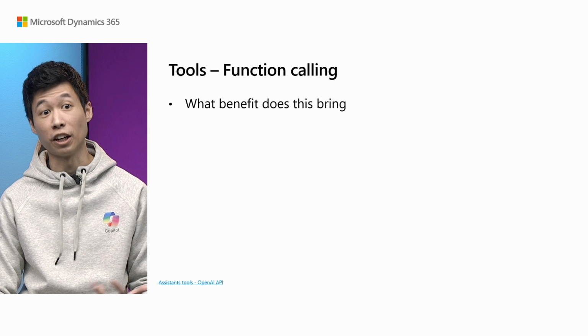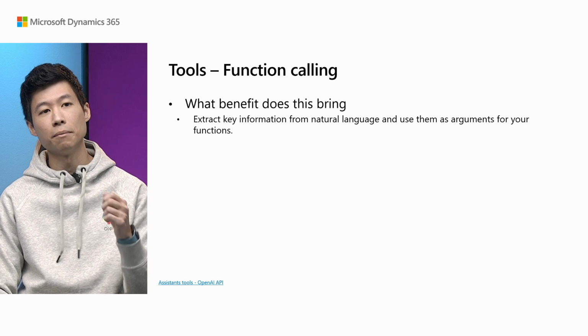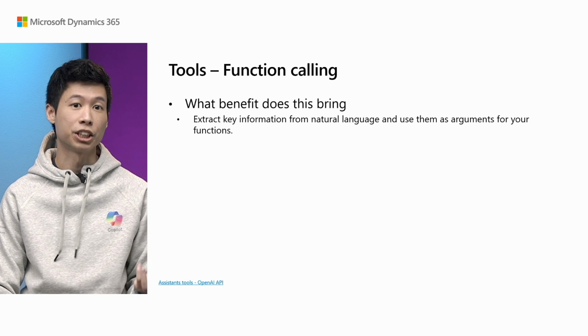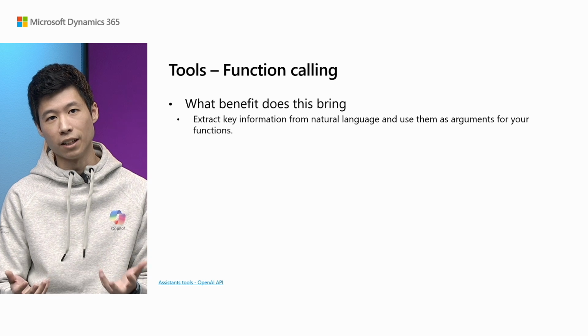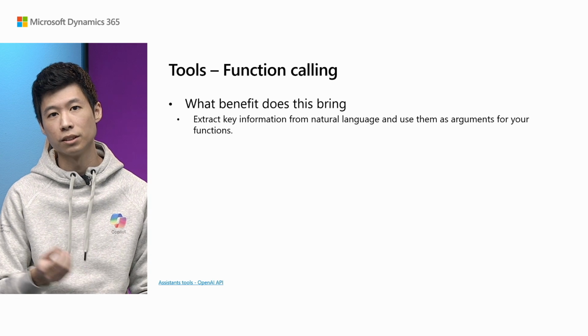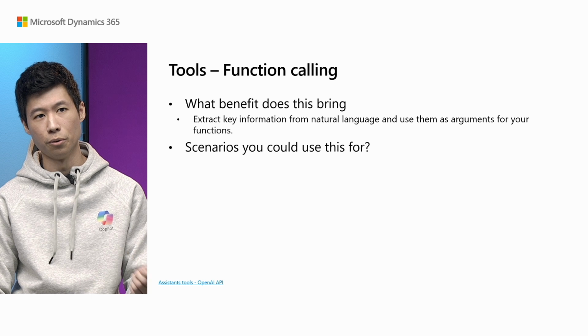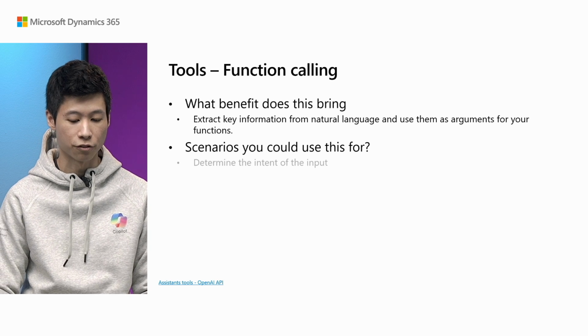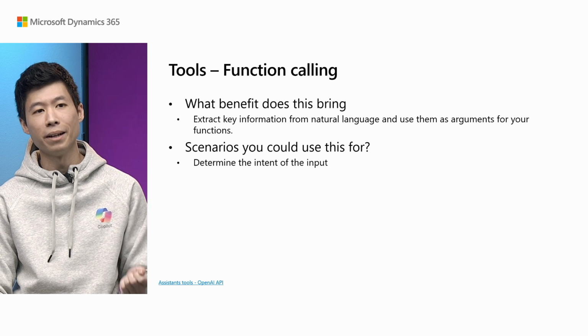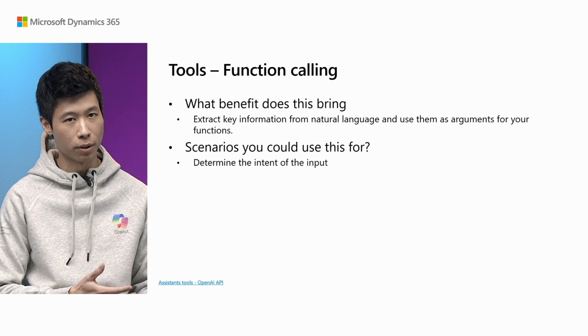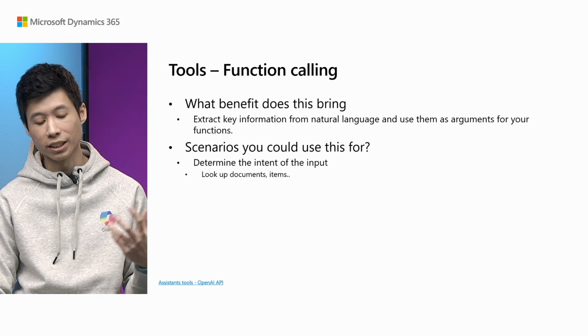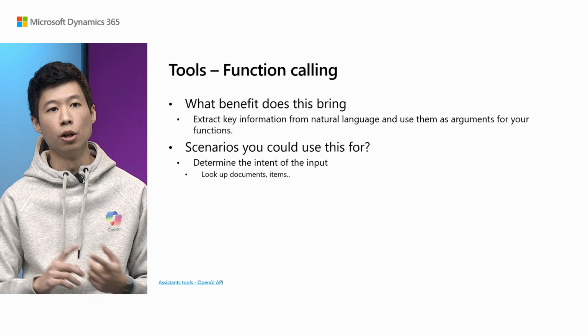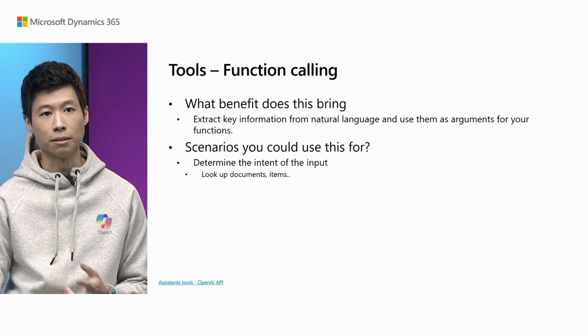What benefits does function calling bring? It's able to extract key information from natural language and allow you as a developer to use it as arguments for your functions. Let me give you a few scenarios that this can be used for. One is determining the intent of the natural language input, for example, if you have functions to look up documents or items.